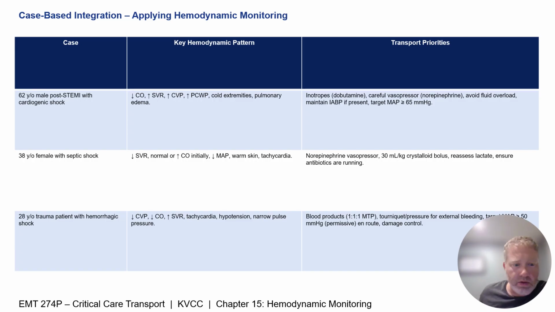And then the third case here, a 28-year-old trauma patient in hemorrhagic shock. They represent low preload, low cardiac output, and a high compensatory SVR. So the CVP would be down, the CO's down, and the SVR is elevated. All of that leads to tachycardia, hypotension, and a narrow pulse pressure.